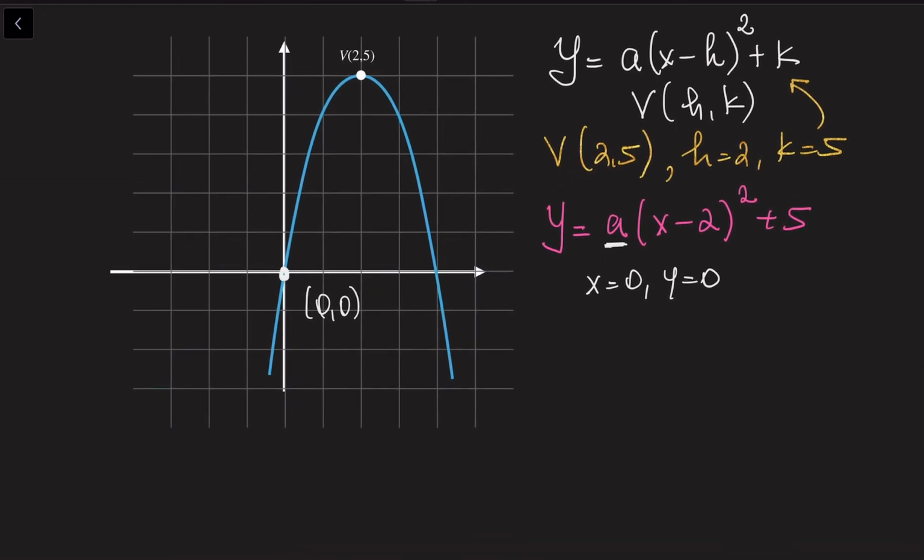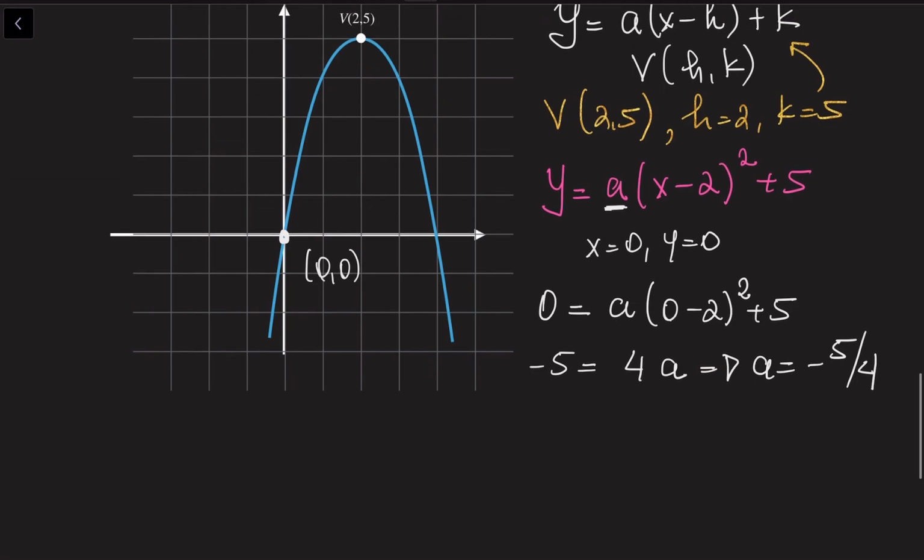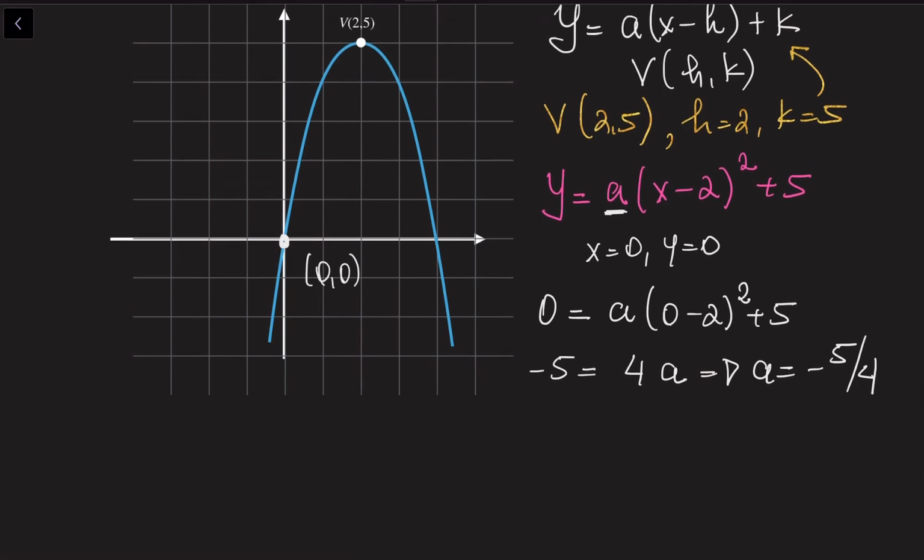So let us find this. I'm going to substitute y equal to 0, which is equal to a times (0 - 2)^2 + 5. If the 5 goes to the left, it's going to be -5 equal to 4a. From here, we can figure out that a is equal to -5/4, which fits our theory that if the value of a is negative, the parabola is going to be downward, right?